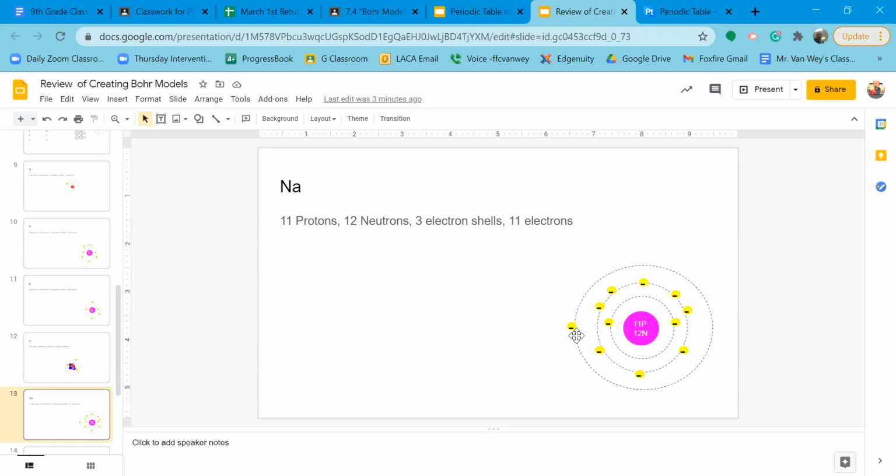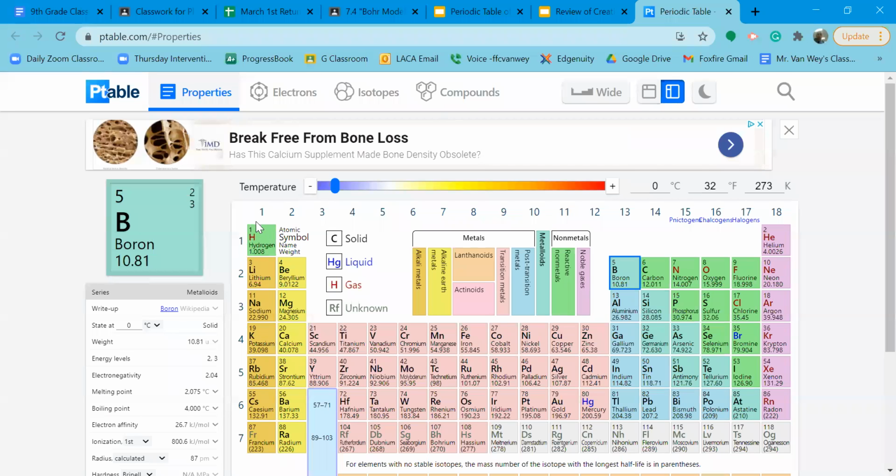And then it needs that 11th electron. 11 protons, 12 neutrons, 3 shells with 11 electrons on them. I can tell just looking at the periodic table, though, that sodium has 1 electron on its outer shell. That's why it's in this first column right here. All of these elements have 1 electron on their outer shell. All of these elements, sodium, magnesium, aluminum, silicon, phosphorus, sulfur, chlorine, argon, all of these have 3 electron shells.